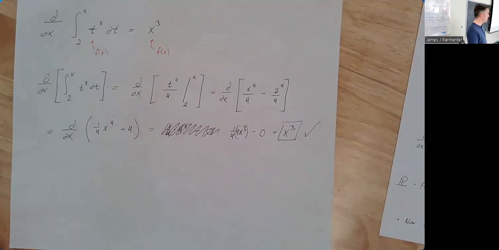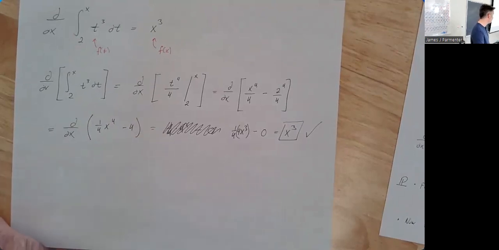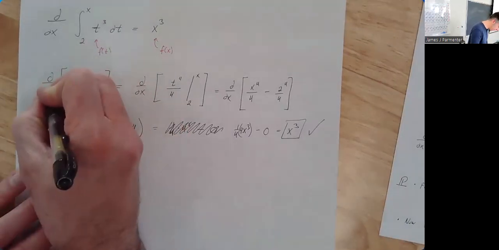The t is just a dummy variable, just sitting there so we can get rid of it. We can only differentiate with respect to how much area changes of x, or whatever way we want to call it. Yes, we are differentiating with respect to x. That's why I've got d dx over here.